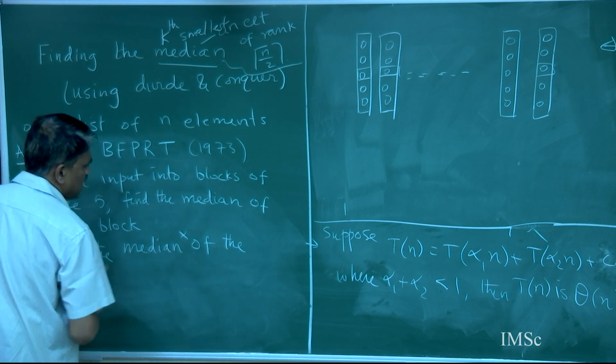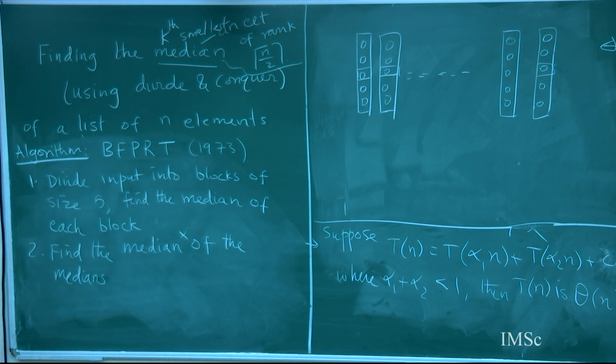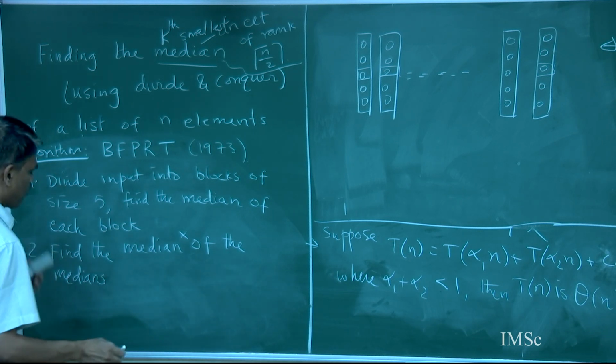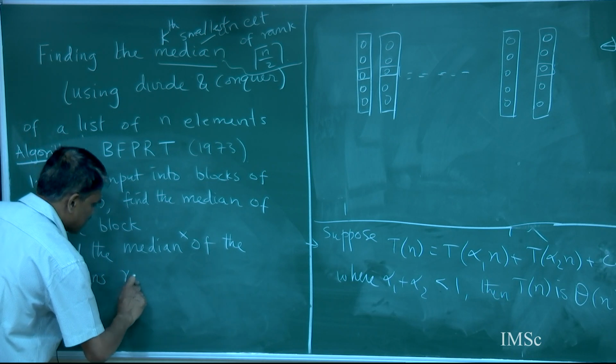Let's call this x. This x is my approximate median, I claim. How do I find the median of the medians? Recursively.